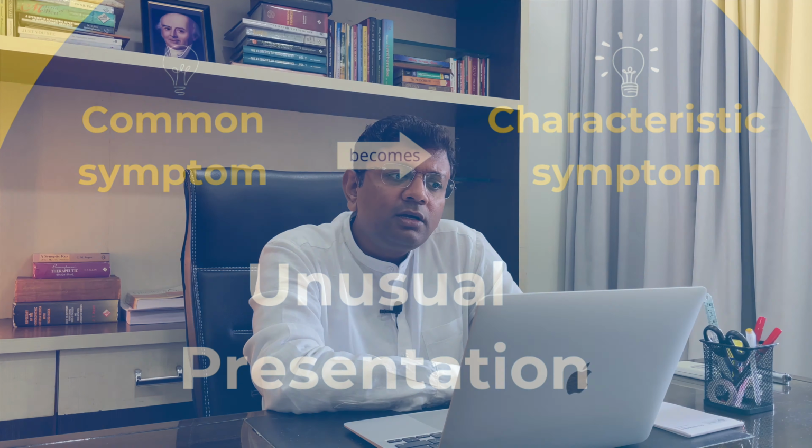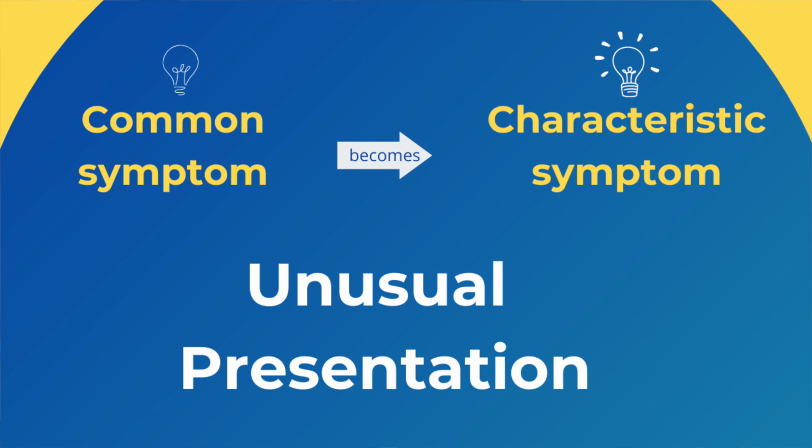Another is unusual presentation. Unusual presentation makes a common symptom characteristic. For example, swelling or inflammation is quite common in certain clinical conditions. But when that swelling or inflammation is presented without pain, despite the proportion of swelling and inflammation, the pain is expected in that condition.